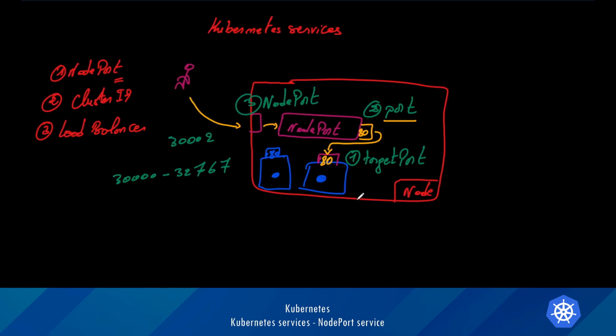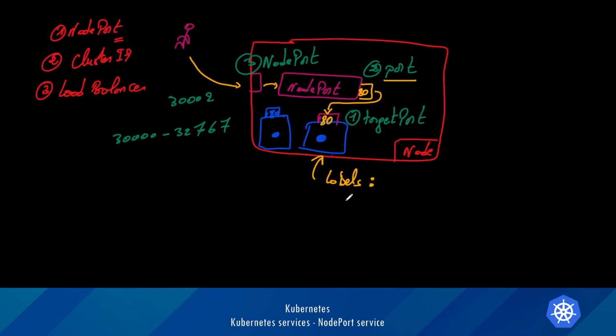This is done using labels and selectors. When we deploy a pod, we assign some labels to it. Let's say that here, for example, we have type frontend.